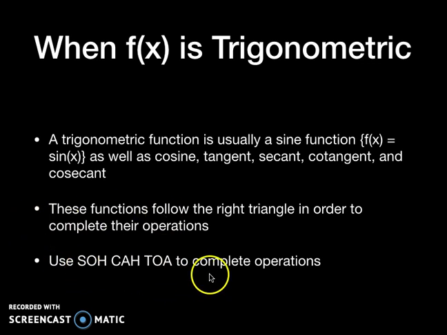So you have SOHCAHTOA that you can use: sine equals opposite over hypotenuse, cosine equals adjacent over hypotenuse, and tangent equals opposite over adjacent. It's basically division, so sine equals opposite divided by hypotenuse, and so forth.